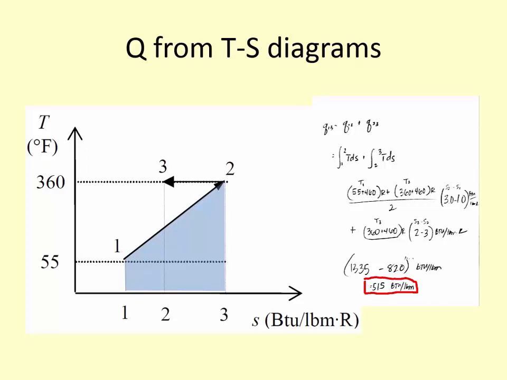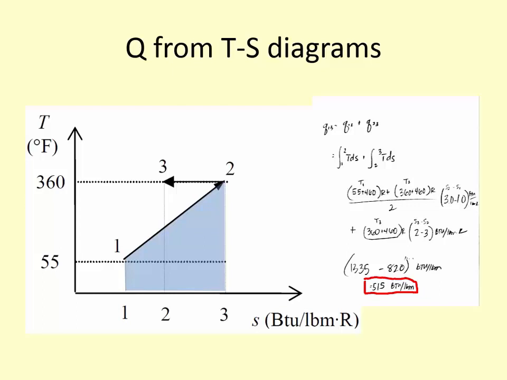Then we have to subtract off the area from 2 to 3, which is just a rectangle. So we have, again, 360 plus 460. So that's the temperature of state 2 and state 3, 360 plus 460 Rankine, times 2.0 minus 3.0. So the minus sign takes care of itself if we're going in the proper direction.